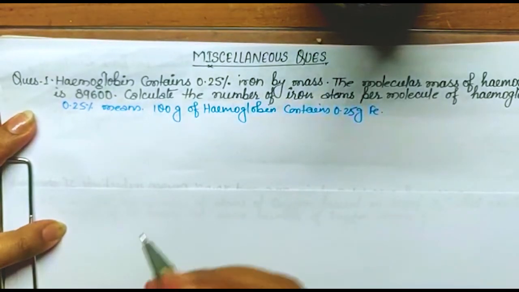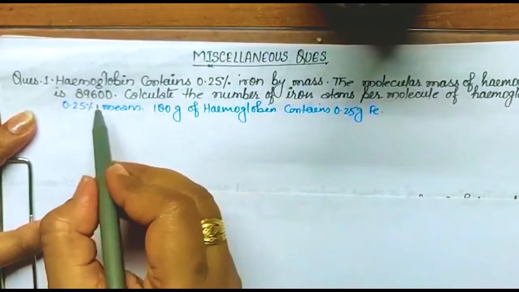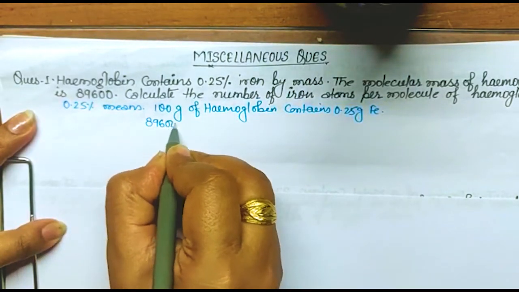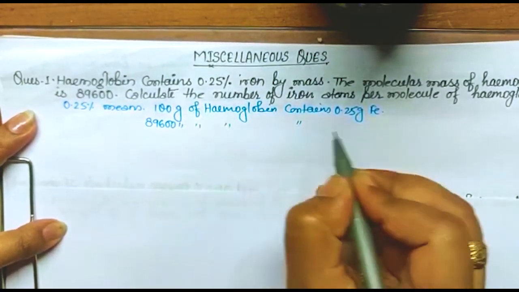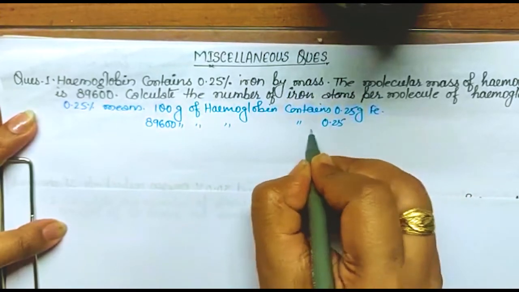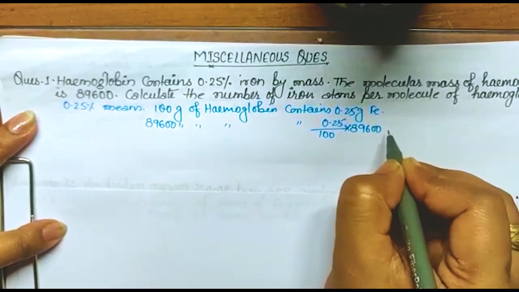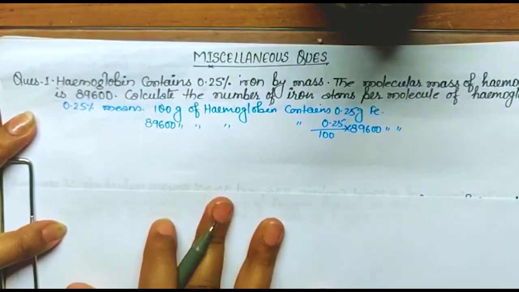Can we write that? So what is the molecular mass of hemoglobin in total? 89600. So 89600 gram of hemoglobin will contain 0.25 divided by 100 multiplied by 89600 gram of Fe, isn't it?